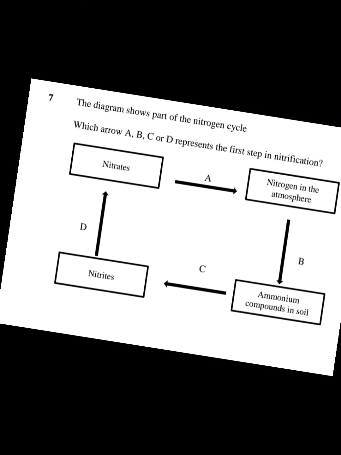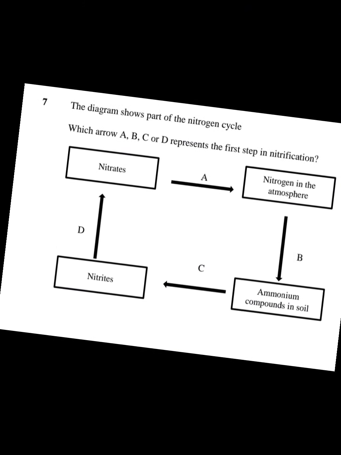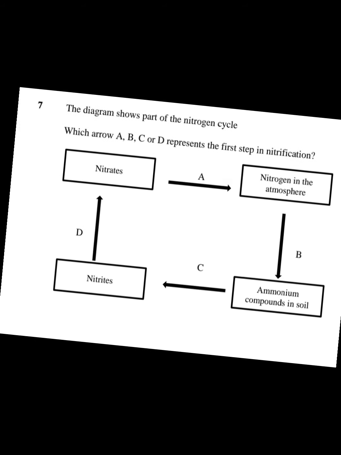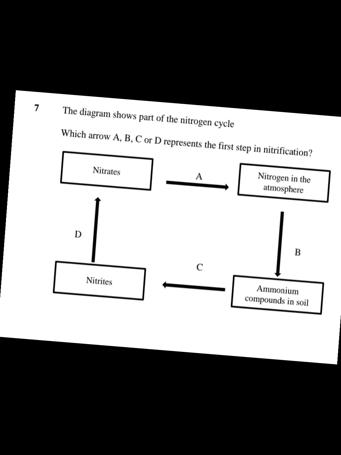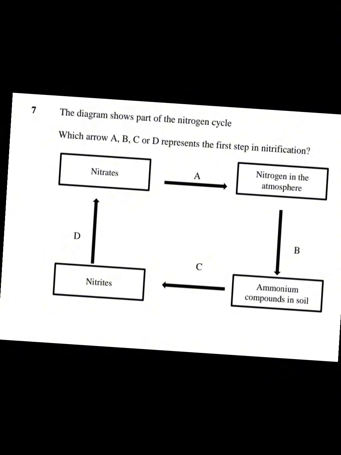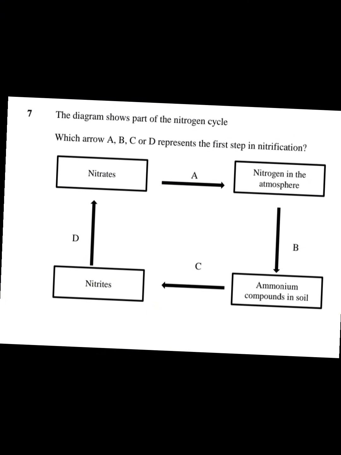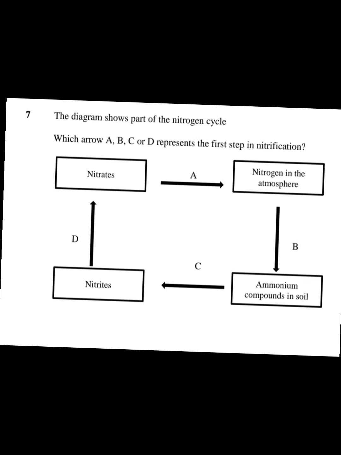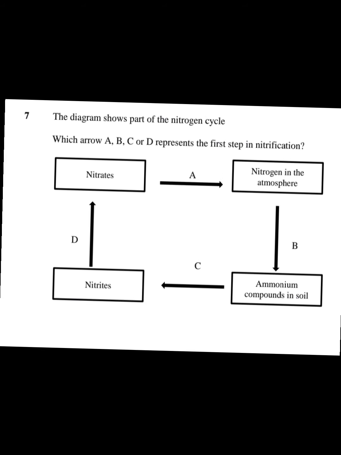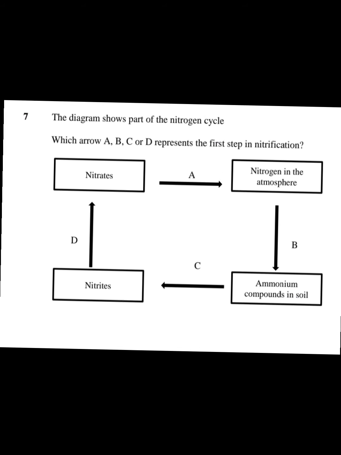Let us label. A is denitrification. That is the conversion of nitrates to nitrogen in the atmosphere. And then B, first there is going to be nitrogen fixation and then ammonification, whereby we are going to have the conversion of nitrogen to ammonium compounds.